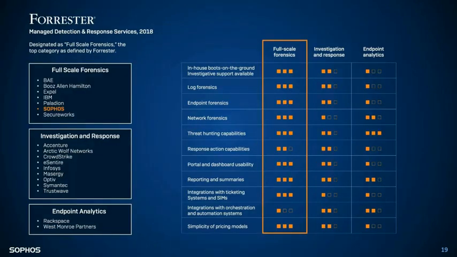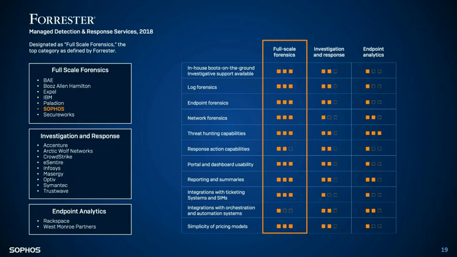Before I turn it over to Matt, I also wanted to show some of the players in the space. Here's what the landscape looks like of different managed detection and response providers. For those of you who look at analyst reports from Gartner, Forrester, and others, unfortunately, the space is still too new for them. Gartner doesn't have a Magic Quadrant report on managed detection and response. Forrester doesn't have a Forrester Wave report.